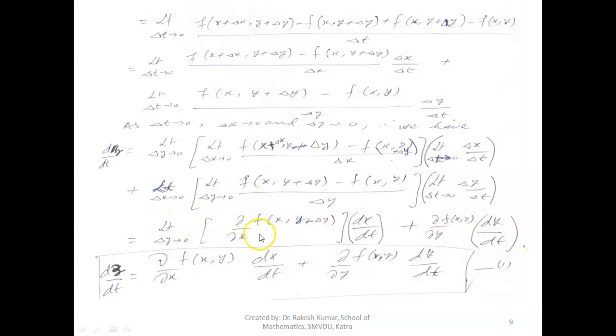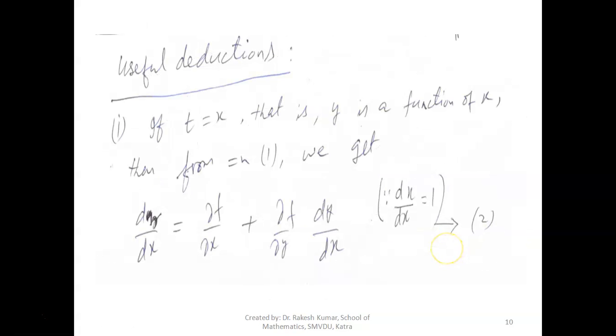And as we have done earlier, if del/del x of f(x, y plus delta y) is a continuous function of y, then the limit delta y tending to 0, this quantity simply becomes del/del x of f(x, y). So therefore we have dz/dt equal to del f/del x dx/dt plus del f/del y dy/dt, which is the proof to that formula.